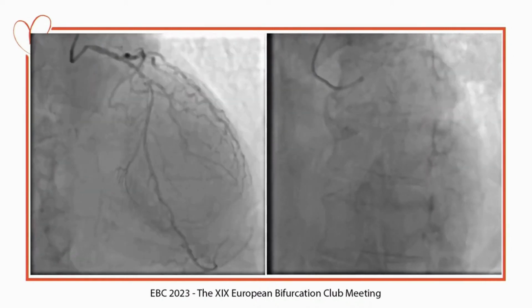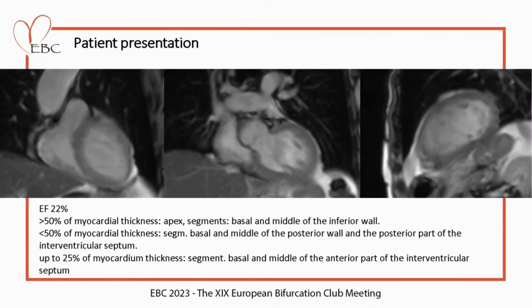So the patient was sent to our institution to check viability of the left ventricle, and despite some segments of the basal, middle and anterior part of the interventricular septum, everything was viable.